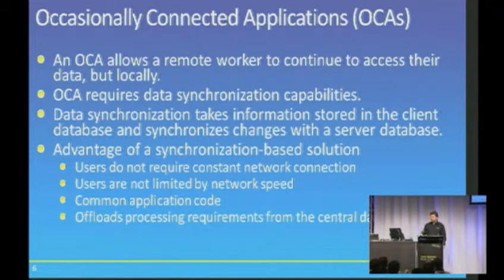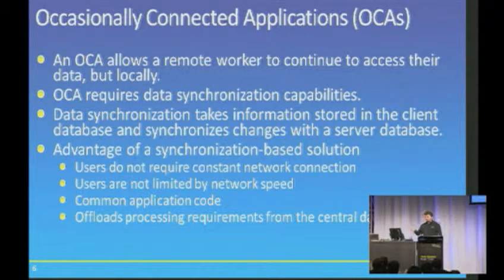So an occasionally connected application requires data synchronization capabilities. So we write our application pretty much exactly the same way as we would write the application if it was sitting inside the corporate network. And then we rely on some other service, at the moment we'll just talk about it like that, to make sure that the appropriate data travels backwards and forwards to the host.